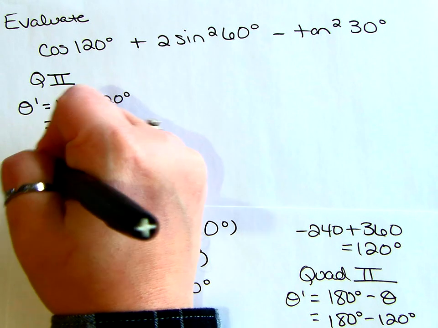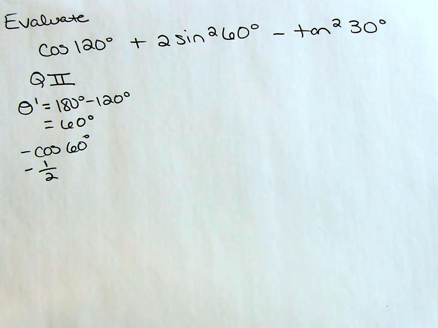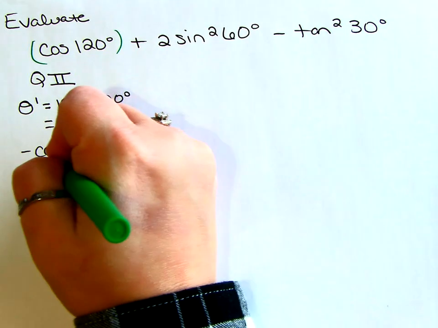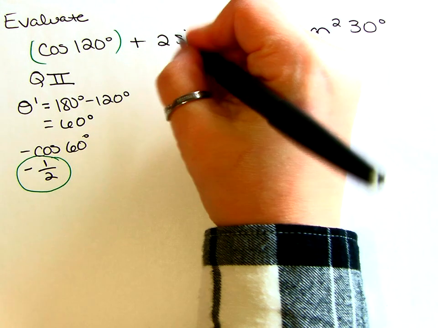So cosine of 120 is negative 1/2. Now we need to ask, what is sine of 60? Because that's this next bit over here.